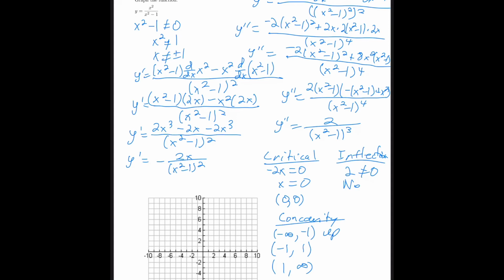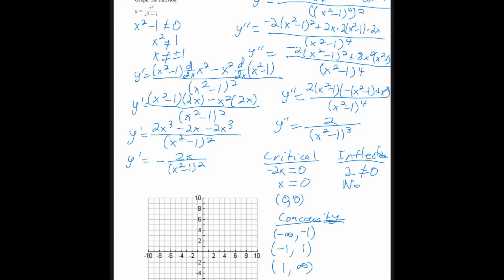If you plug in a number in this first region like negative 2, it would be 4 over 3, so that's positive, so that's up. If I plug in 0, I get 0, so that's not necessarily helpful. Oh, whoops, sorry, I plugged that into the wrong thing. All of these are going to have the same concavity because I'm plugging it into the second derivative.